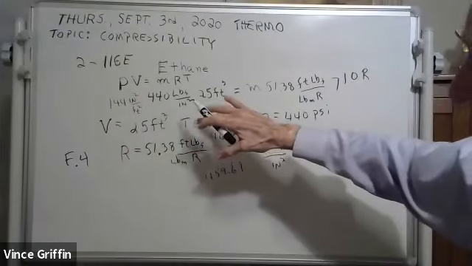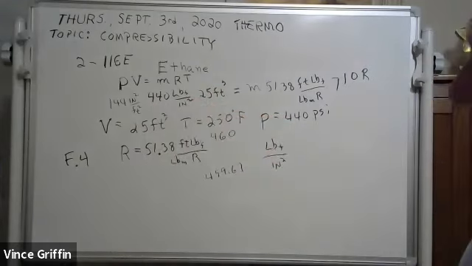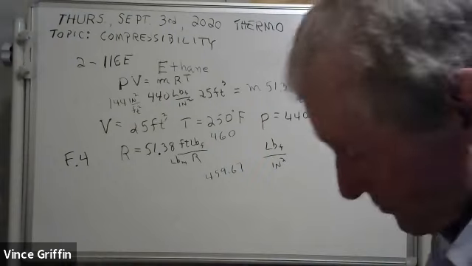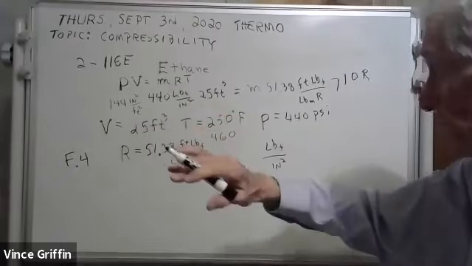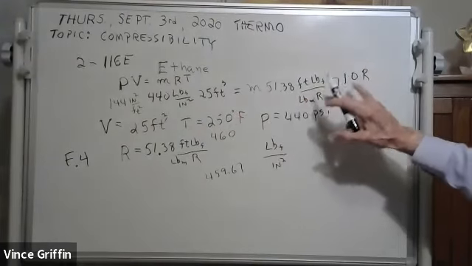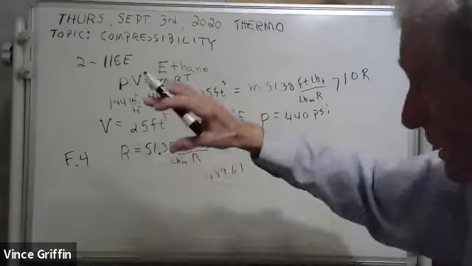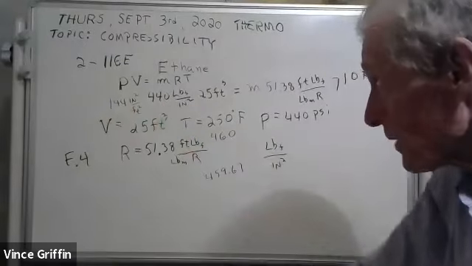And what that'll give you is, wait a minute. No, it'll just give you foot-pounds. If you multiply by 144, this will give you foot-pounds. Now over on the right, this will be pound mass. They cancel. The Rankines cancel. And you'll have foot-pounds on the right. So you'll have foot-pounds on the left and foot-pounds on the right. You won't have that unless you multiply by the 144.